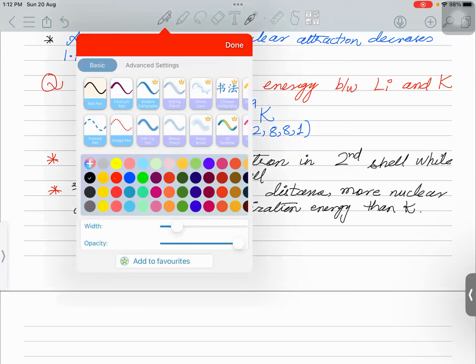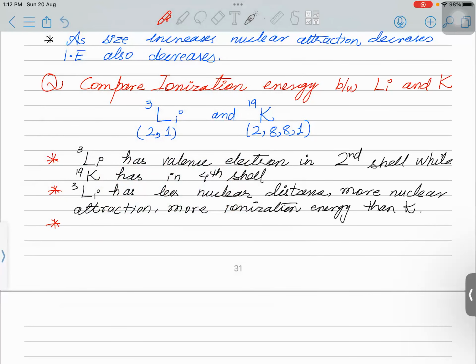One point is missing, that is shielding.